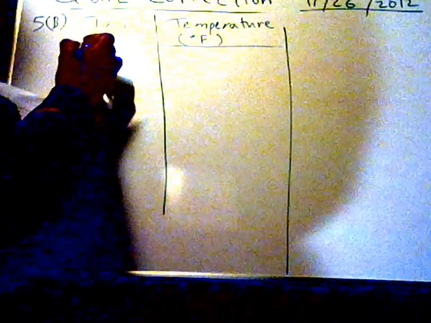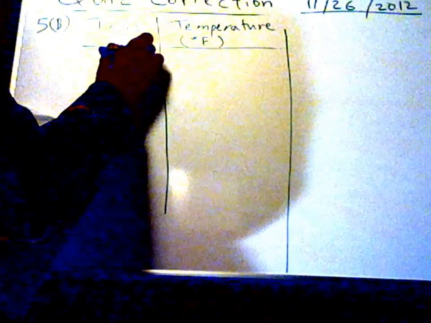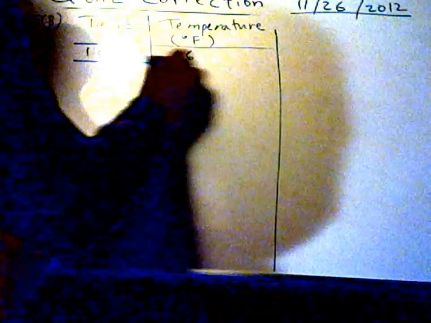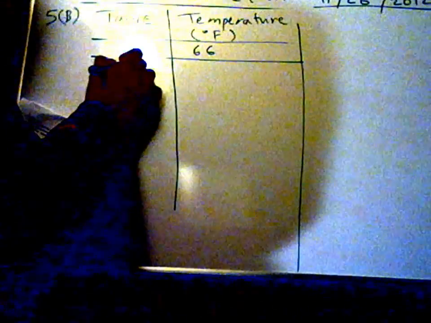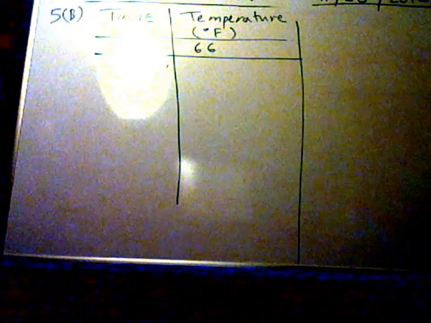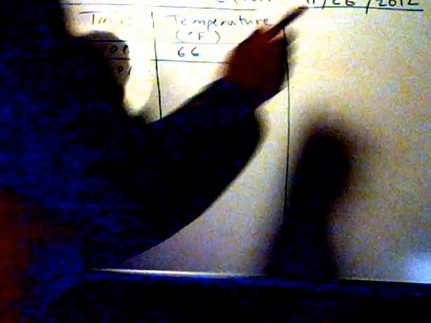Okay, so now we're given at 1 p.m., just like we were given, the temperature was 66 degrees. So therefore at 2 p.m. you add the unit rate. Recall we found out that the unit rate was 2.5 degrees Fahrenheit per hour, right?